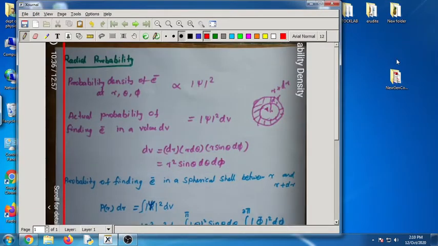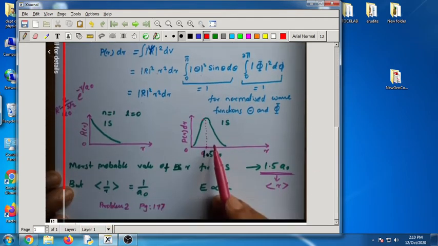In my previous class on radial probability, I made a mistake about the probability density of the 1s electron being maximum at 1.5 A0. It is not 1.5 A0. The probability is maximum at A0, the Bohr radius.